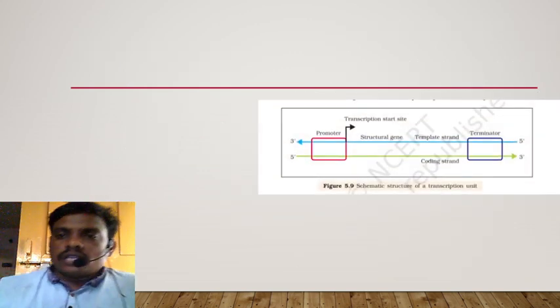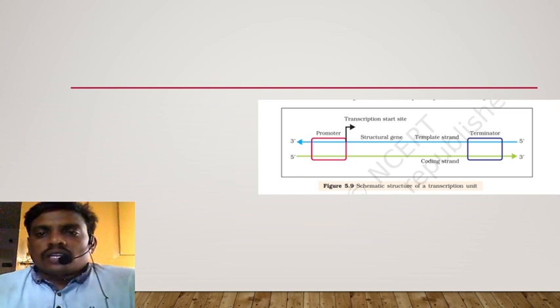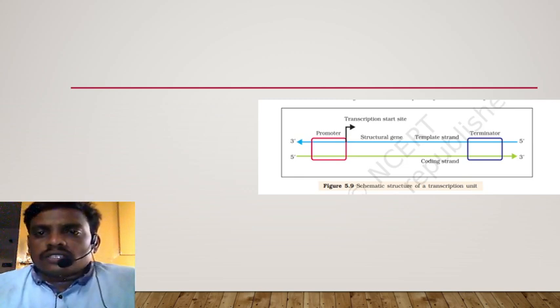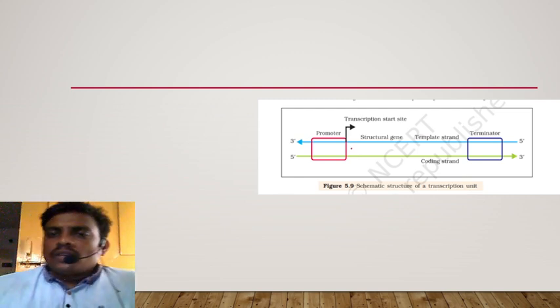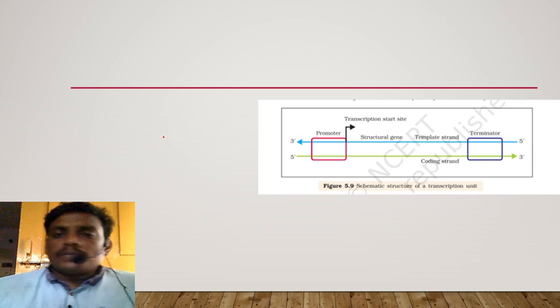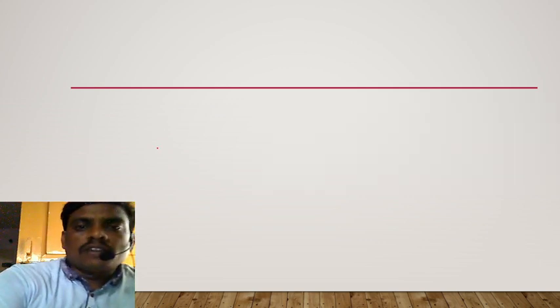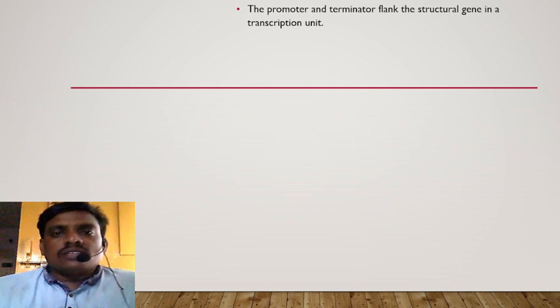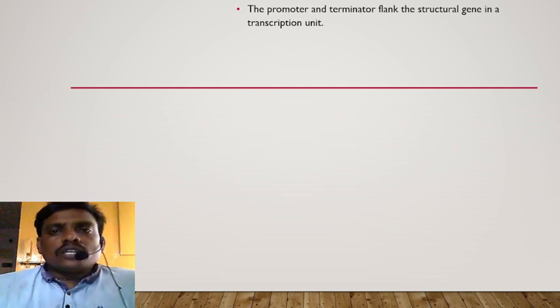You can see here the transcription unit, which consists of a promoter, structural gene, and terminator. Here you can see the transcription start site from the promoter region, where genetic information is being copied, and apart from this, the promoter and terminator flank the structural gene.